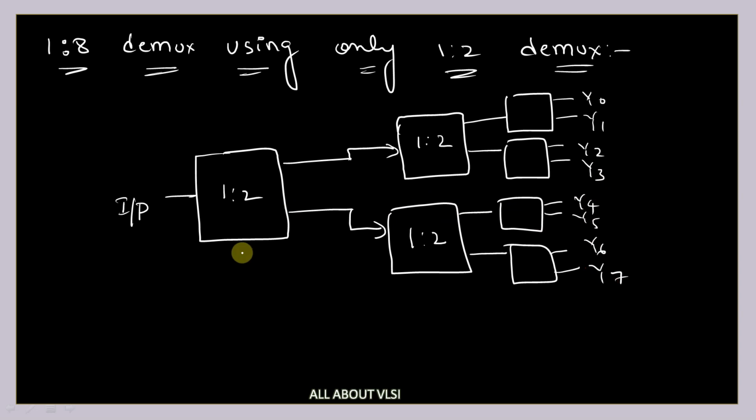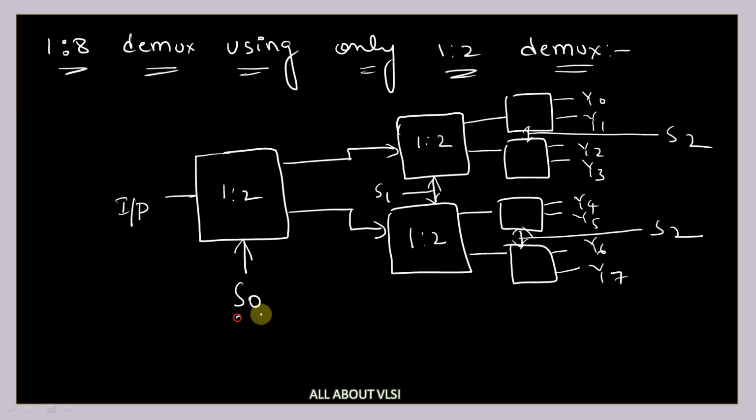And here you are going to have S0, and here you are going to have S1, and you are going to have S2. So these two are controlled with this S2, and these two are also having the S2.